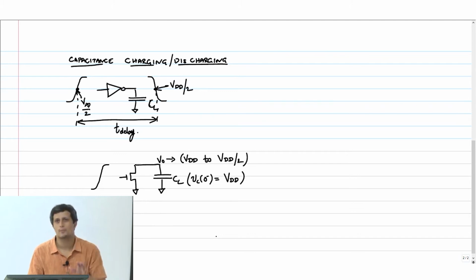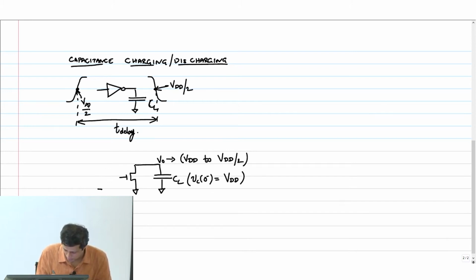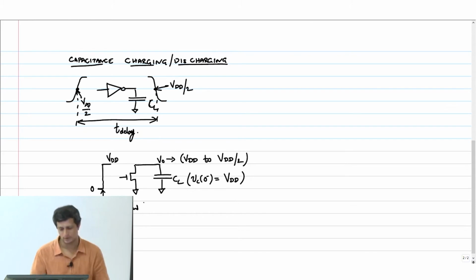So we have to make some approximations to get a first order number, and then we'll incorporate this input slew also later on. So the assumption we are going to make is the input rises instantaneously to VDD. Okay, 0 to VDD, instantaneous.